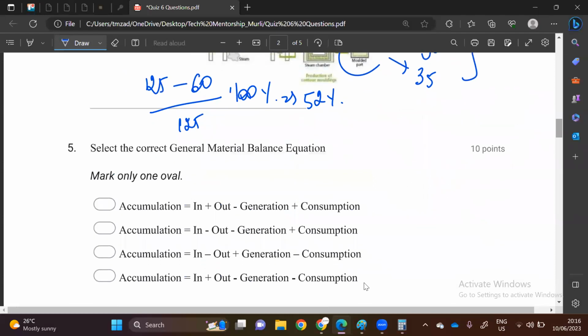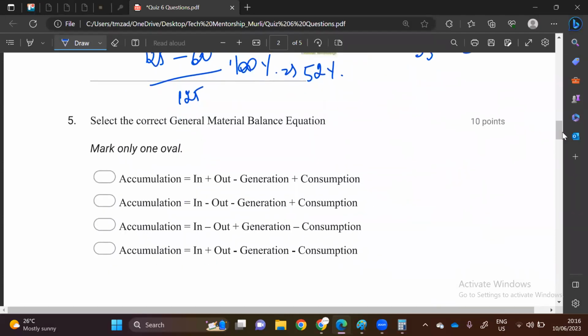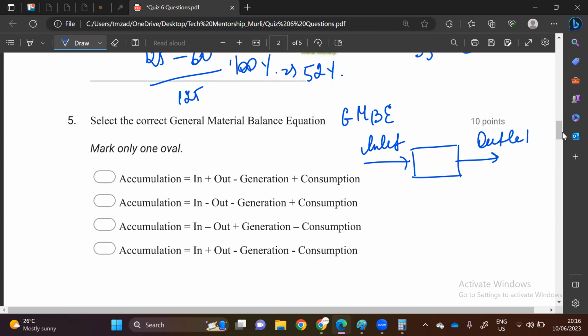Next question. Select the correct general mass material balance equation. Mark only one oval. Okay. This is called briefly GMBE, general material balance equation. The whole concept was in this way. So let's say we have one unit again. This is inlet. This is outlet, right?